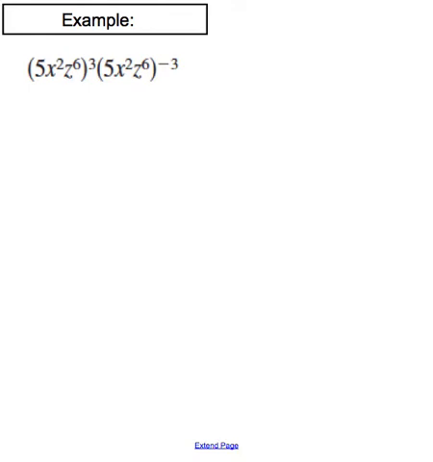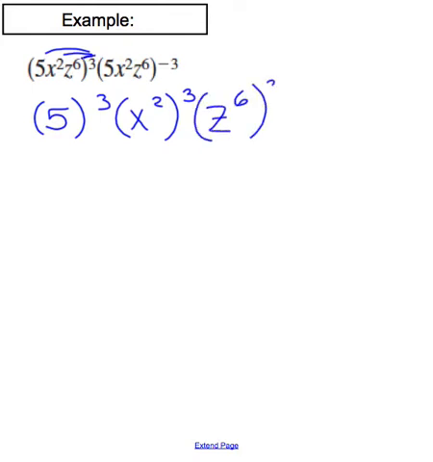All right, here is another example. We're going to go ahead and distribute this 3 through. So I have 5 raised to the 3rd, x squared raised to the 3rd, z to the 6th raised to the 3rd.